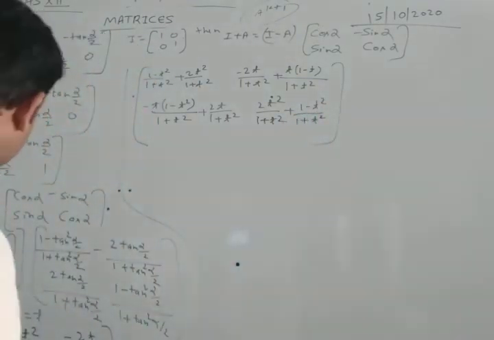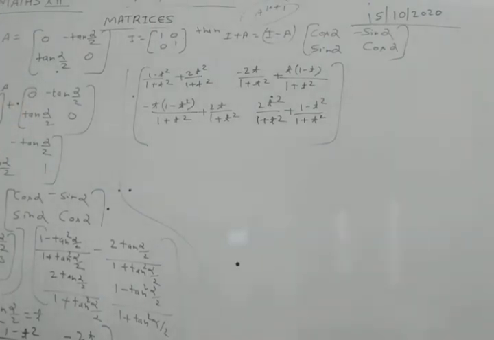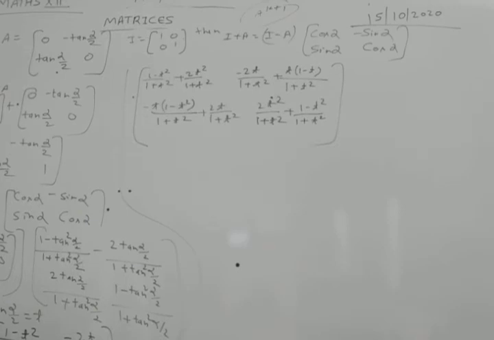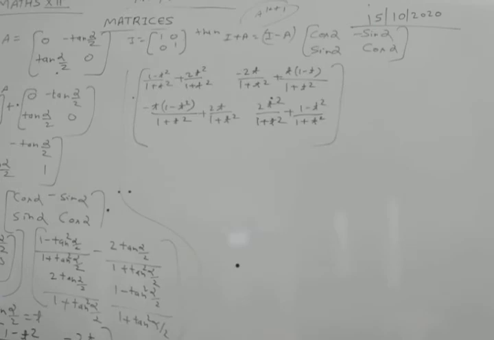Now check this once again. 1 plus 2t square. Okay, now 1 minus 2t upon 1 plus t square, and this t. Okay, now this minus t, and this 1 is this minus t minus plus 2t square upon 1 plus t square.